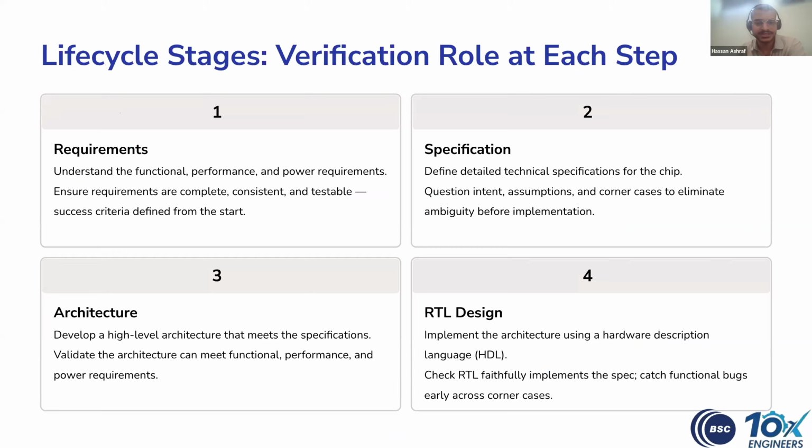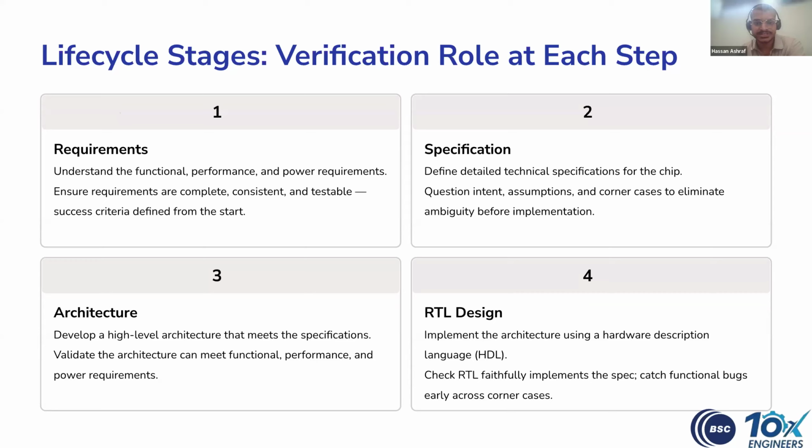Next, we have some intro about all these phases. In the requirement phase, it's a combined effort of the business unit with the engineers, so they understand the functional, performance and power requirements for the client, and then they develop some documents that can be used by the engineers.